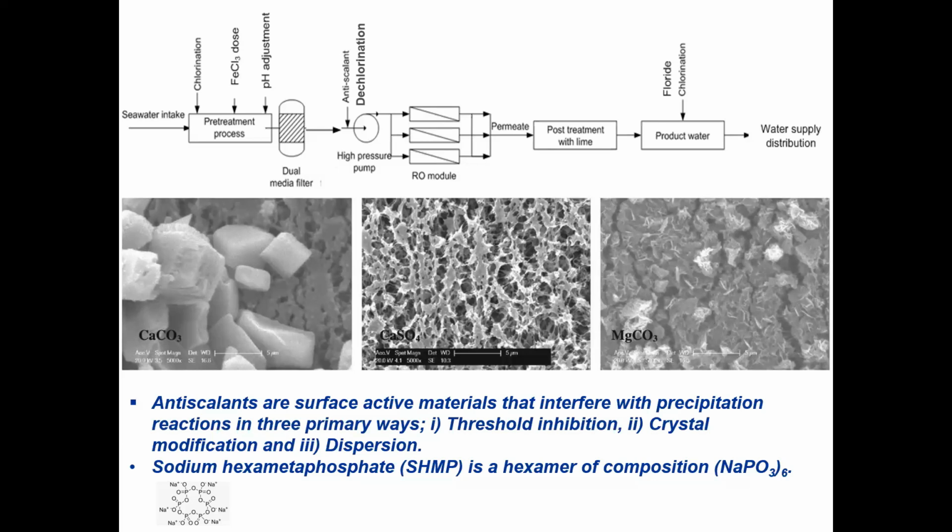So you have a high salt concentration, which will create scaling on the membrane surface. To avoid the membrane scaling, we put in the anti-scalant. How do we dose it? It's just liquid: you put the sodium hexametaphosphate compound in highly concentrated liquid, mix it together in the seawater, and it goes through.